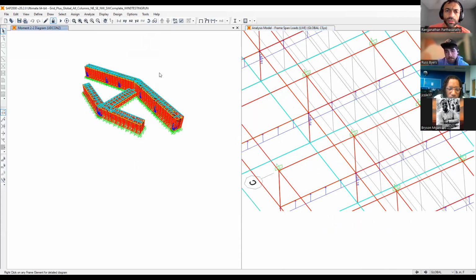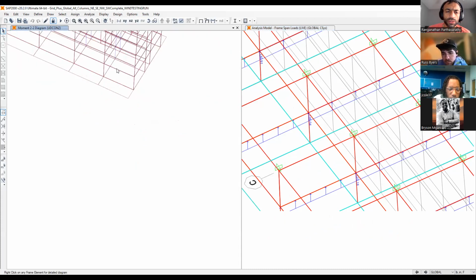Oh, maybe it's because it did it over here. I didn't see it over here. But if I go to one of the beams, it's still doing it, right? It's loading on the zoom in. Froze.